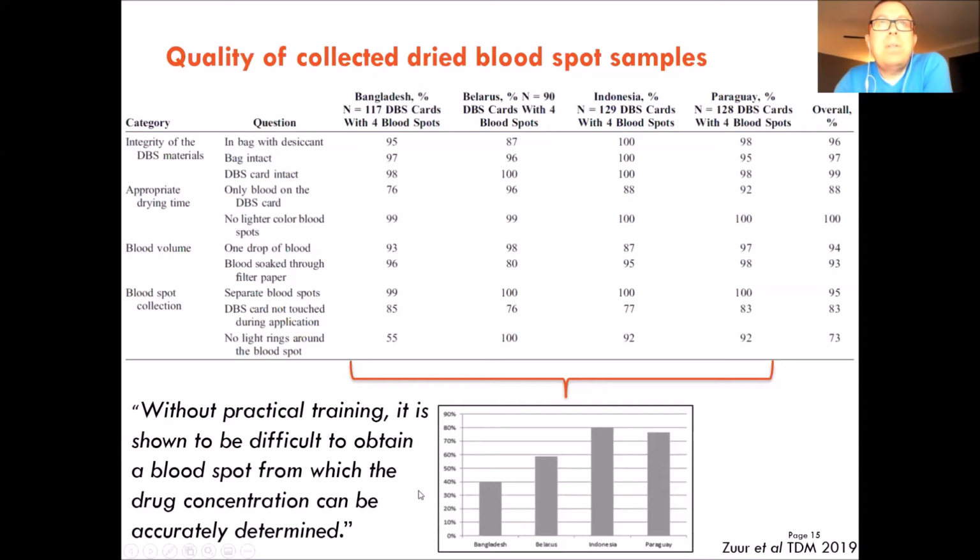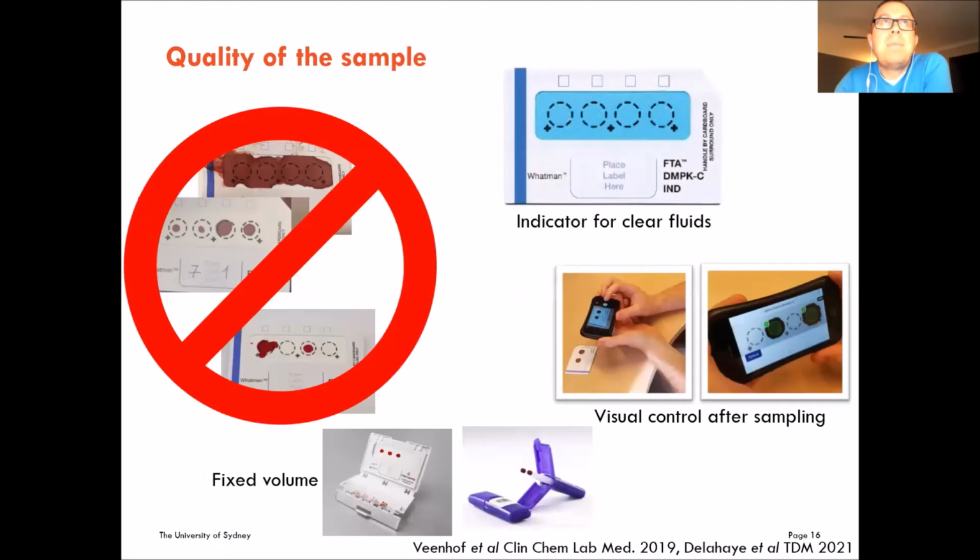And important to know is that at the end, if you take into account all these deviations, in Bangladesh, only 40% of the samples could be used for analysis, but in Indonesia, over 80% of the samples could be used.